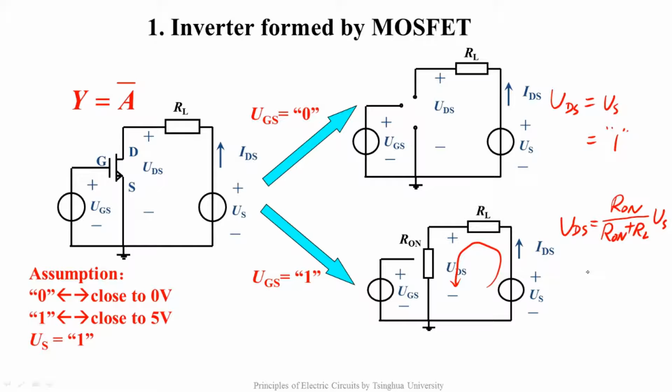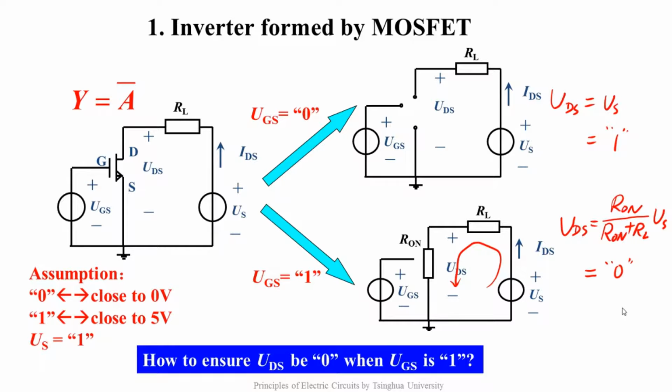Now the input UGS is logic 1. We hope UDS to be logic 0, which means it's a very small value. How to ensure UDS to be logic 0 when UGS is 1 in this expression? Obviously, R on should be far less than RL.